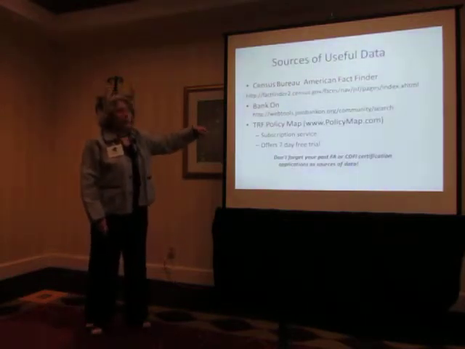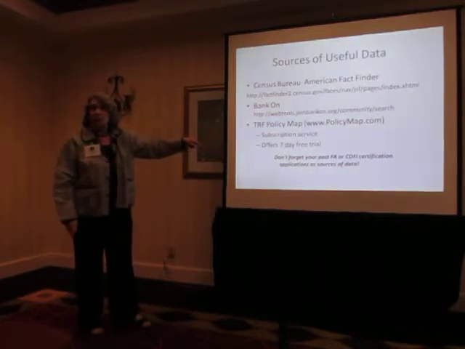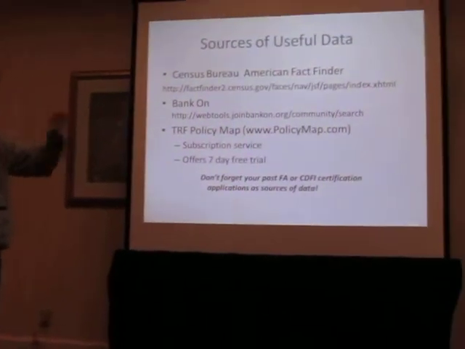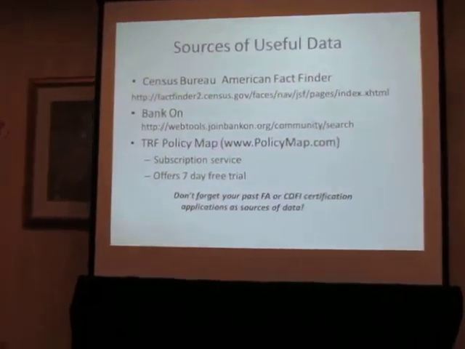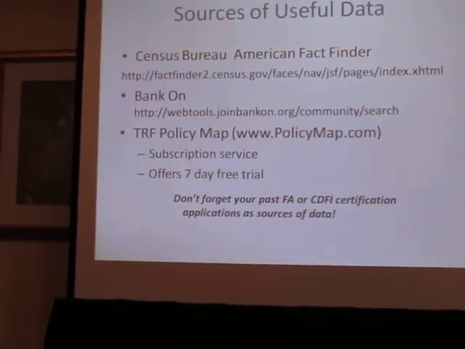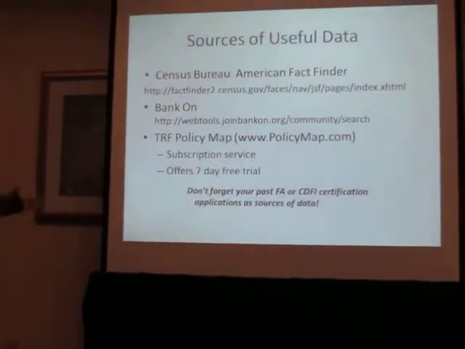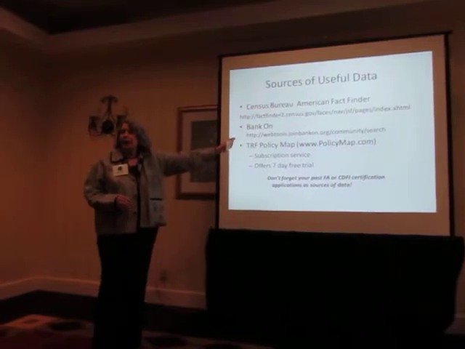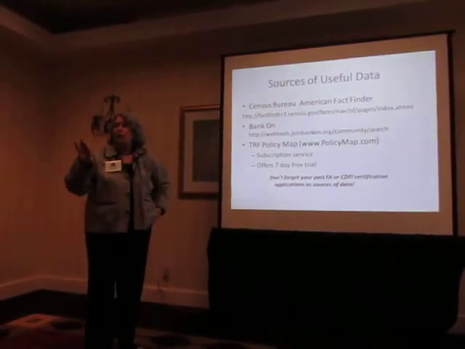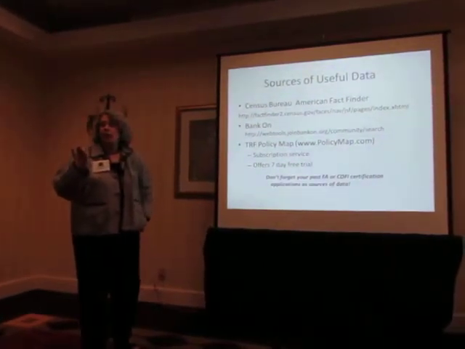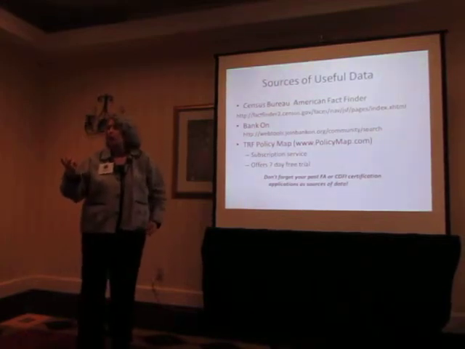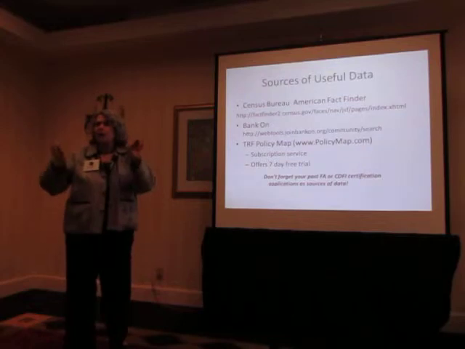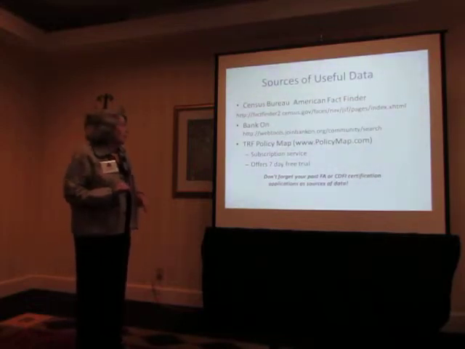So here are a few sources of useful data. The census has an incredible amount of data, updated for 2010. BankOn is a new one, which has, again, down to the census tract level, information about unbanked, about how many people have graduated from high school, all kinds of information.